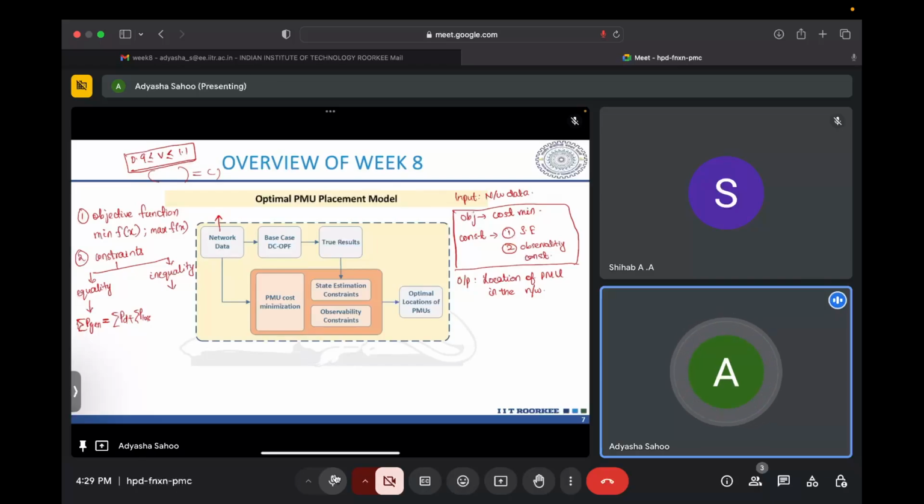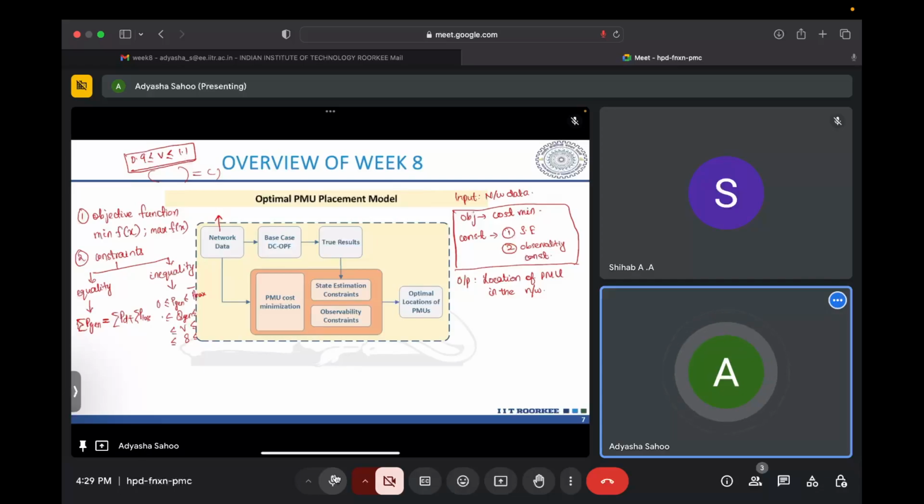And in the inequality constraints, you can have these voltage constraints that you said, or the limit on the output of the generator, because a generator can produce active power only within its installed capacity, that is P max. Similarly, you can have limits on Q gen, on the voltage, and on the angle also.